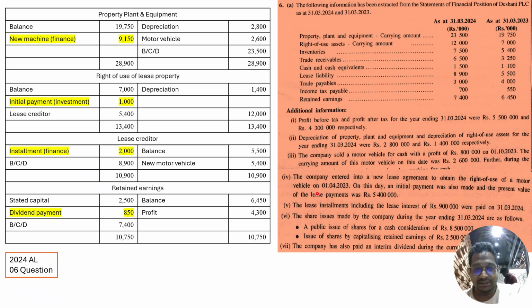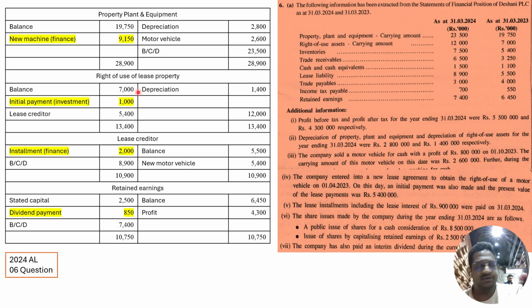The company entered into a new lease agreement to obtain the right of use of a motor vehicle on 1st of April 2023. On this date, the initial payment was also made. The present value of lease payments was 5,400, right? And from that, you have to find out that initial payment, and to find out that you have to draft the right of use of lease property.